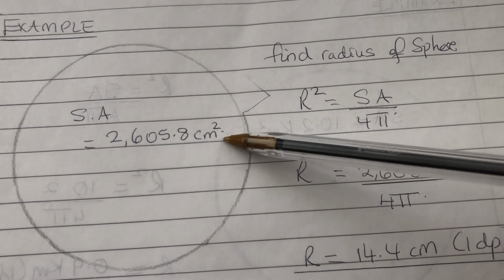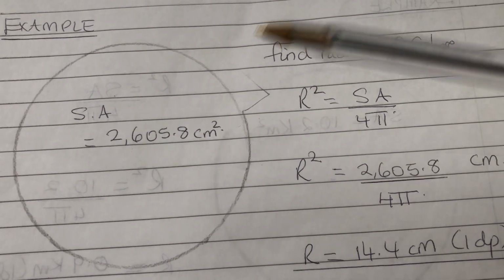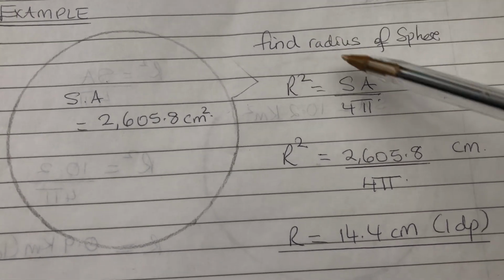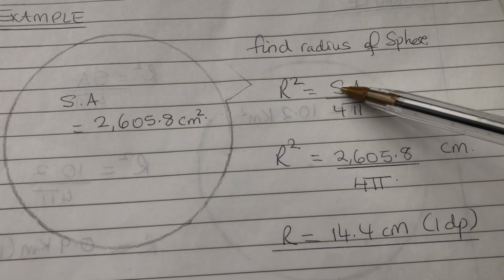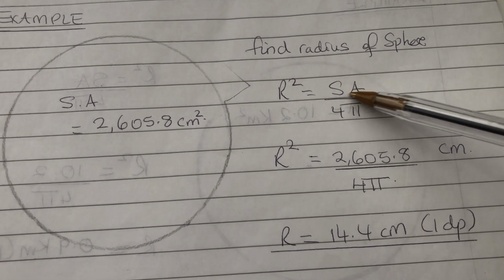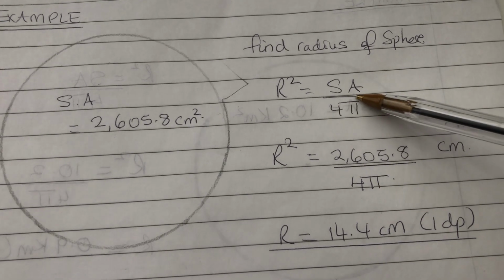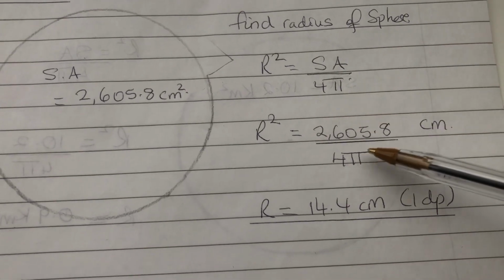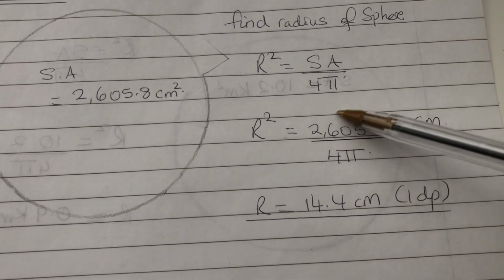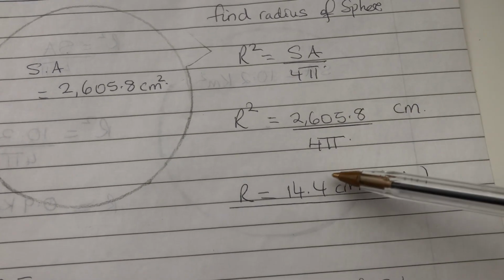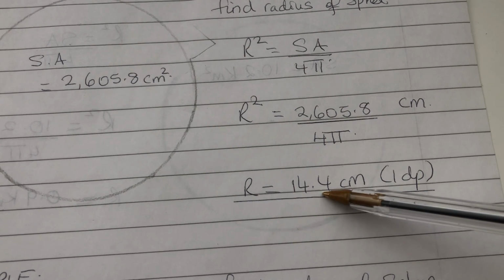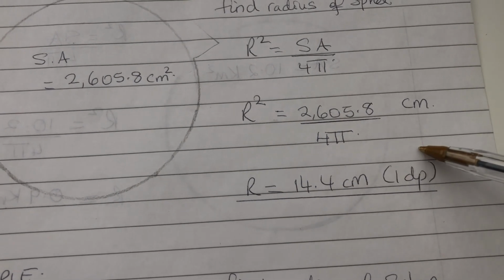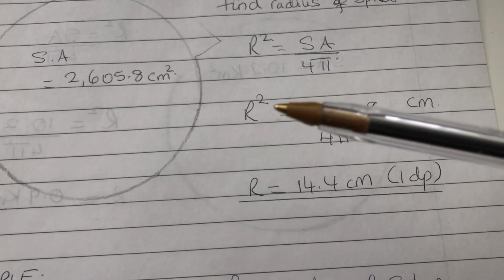Okay, and then we'll choose the positive. So if we substitute 2605.8 divided by 4 pi here, we do it right on the calculator, and then we square root it. We'll get 14.4 centimeters to 1 decimal place.